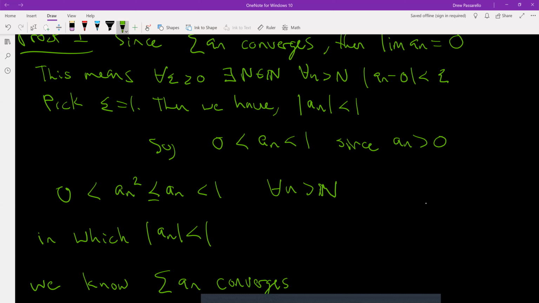So that's why we have 0 less than a_n squared less than or equal to a_n, which is less than 1 for all indices little n bigger than capital N.